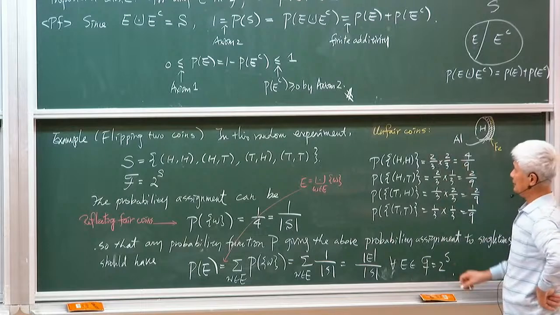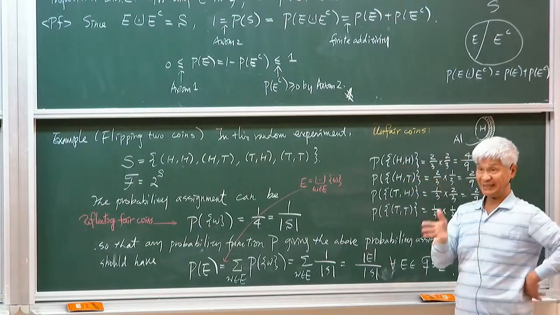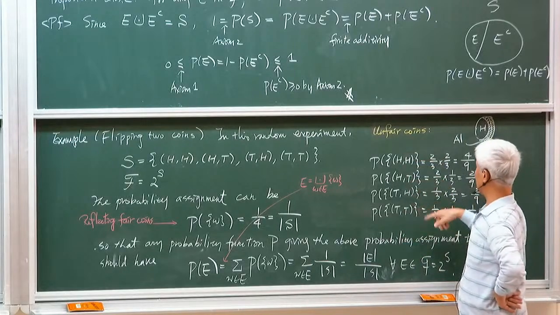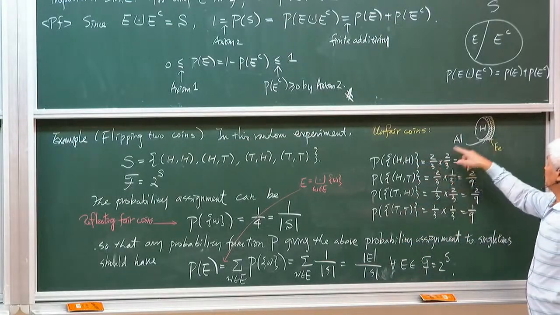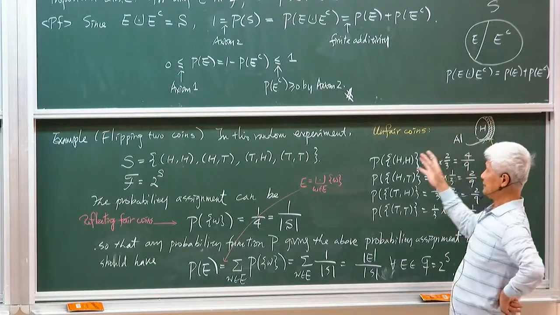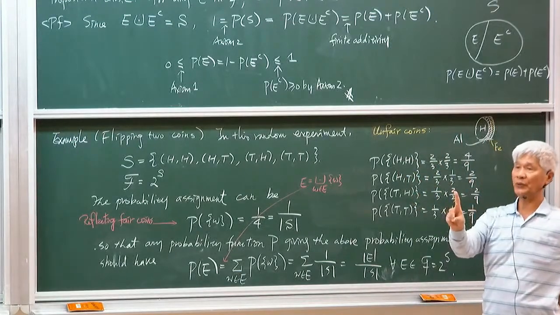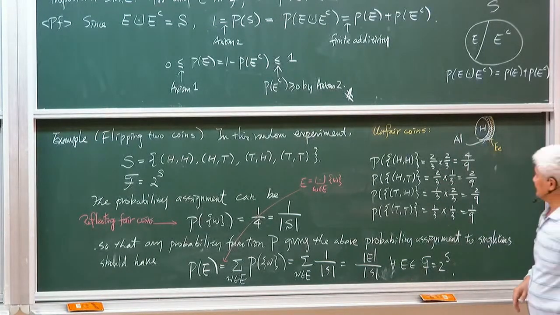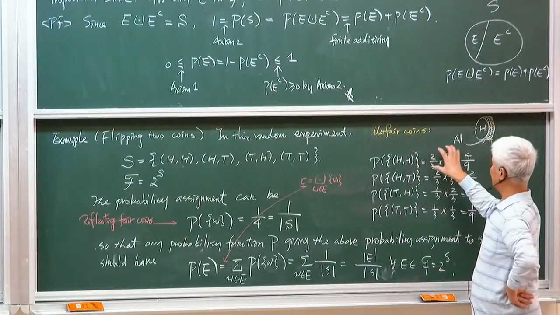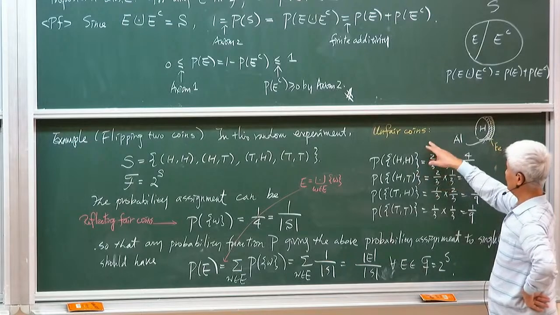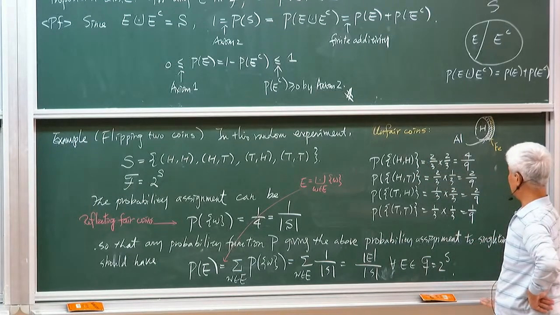So this is the assignment to each singleton, each singleton for the unfair coins here. And if the running experiment is to flip two coins, then that is head and tail only, right? So this is our reflection about using unfair coins.